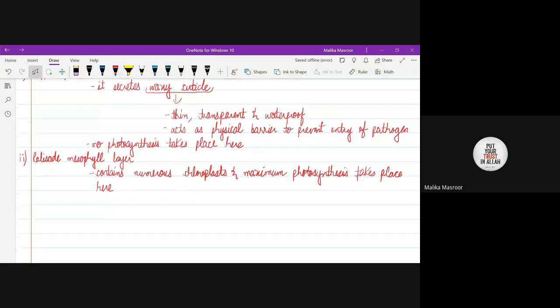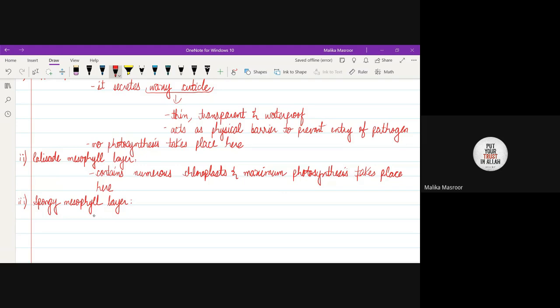Third, spongy mesophyll. Beneath the palisade mesophyll is the spongy mesophyll layer. Cells in the layer are round, not tightly packed, and have many air spaces between them.